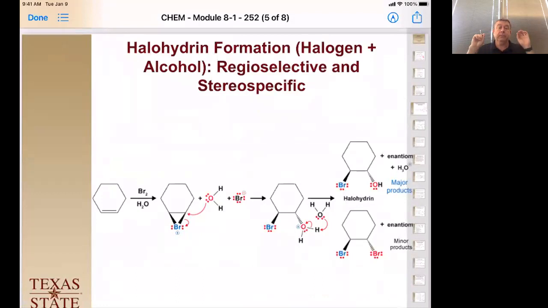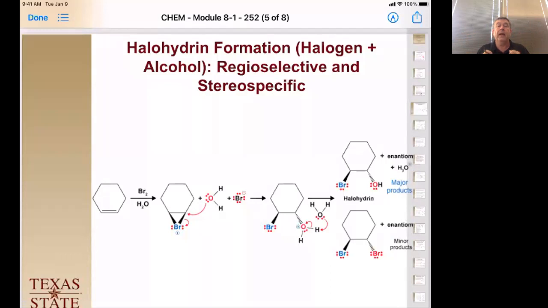Now, in the presence of water, the water can act as a weak nucleophile. So if you have a lot of water in there, you can actually have the water react as the nucleophile and give you what we call a halohydrin, or the halogen with an alcohol next to it.